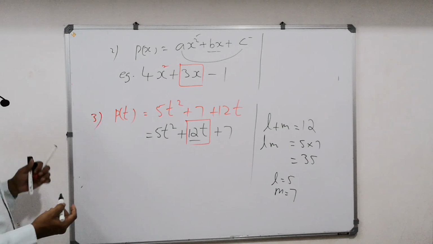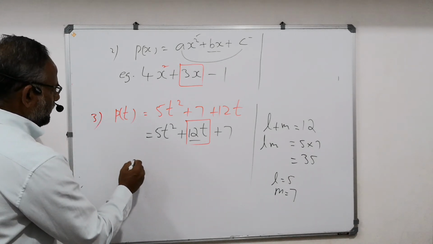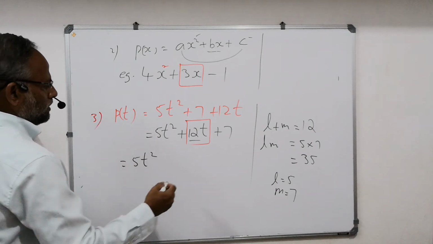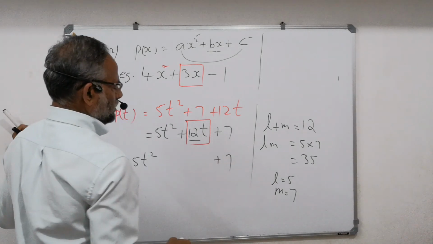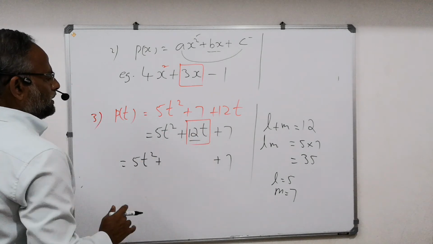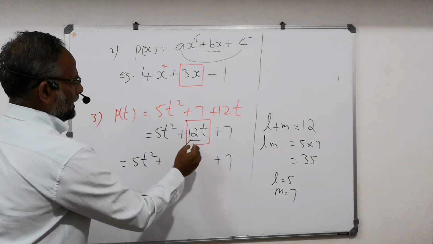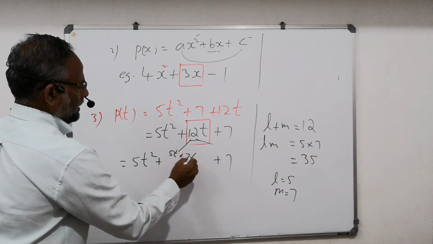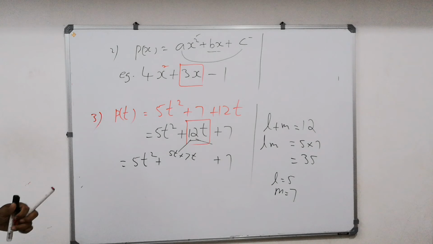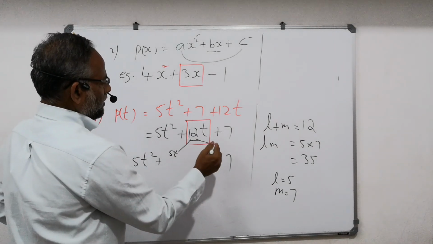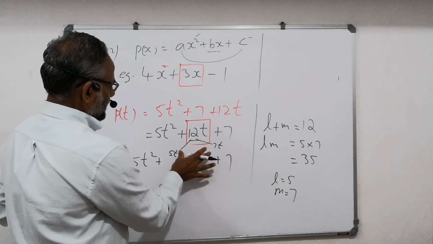I told you, 5t square, don't touch the square term, that is strong. And the last term, that is a constant also, don't touch. Here, split the middle term. We can split it into 5t plus 7t. 5 plus 7 is 12, so I am splitting 12t into 5t and 7t.